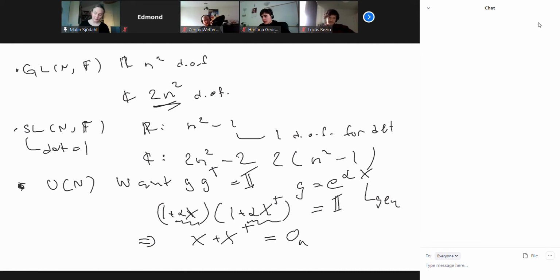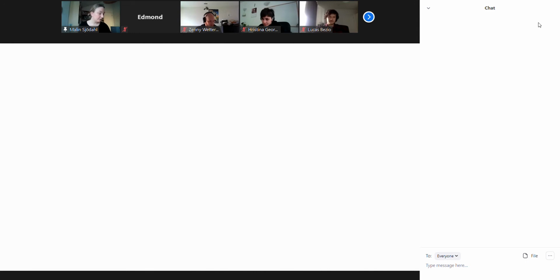Okay, so now we have that this plus this should be 0, and we need a new page. So let's see what constraints we get from that. So we have anti-Hermitian matrices. X dagger plus x is equal to 0. So clearly that implies that the diagonal elements must be equal to 0.